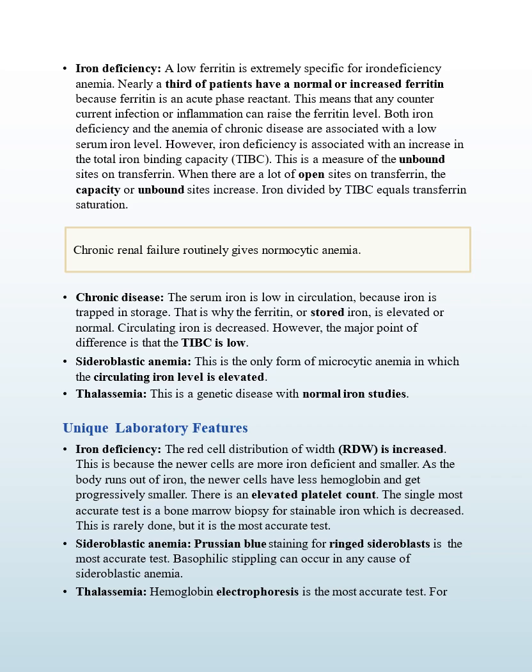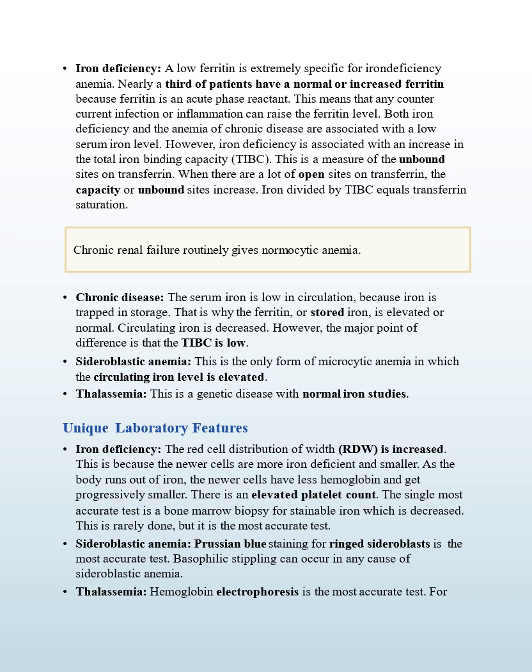Let's go over some unique laboratory features. If we have an iron deficiency, in this case, RDW, or red cell distribution width, is increased. This is because the newer cells are smaller as the iron is deficient.